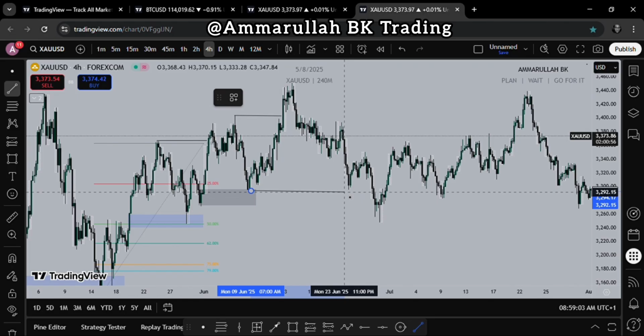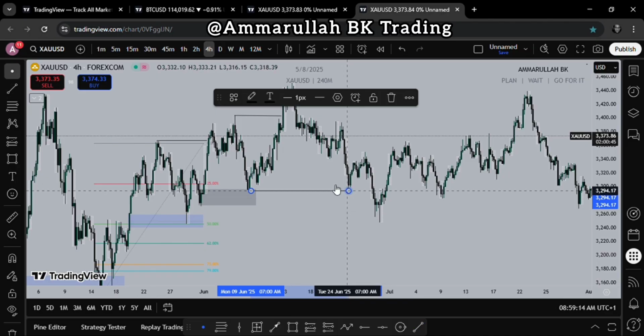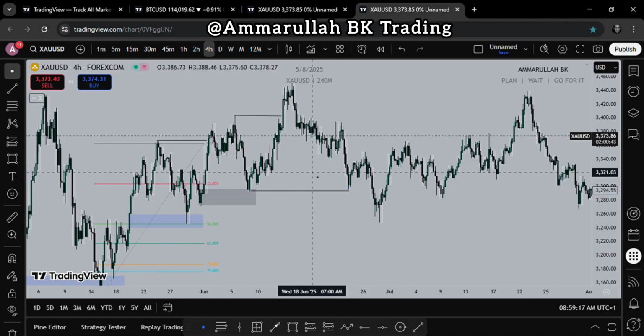An inducement level is a price area designed to trap the retail traders before the real move happens, the real move of the big banks, big players like the institutions, right?